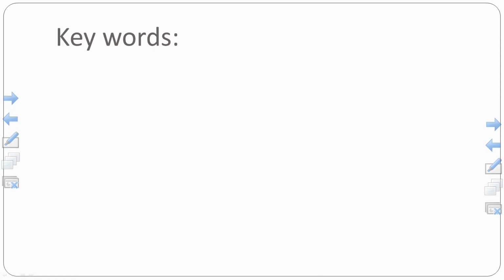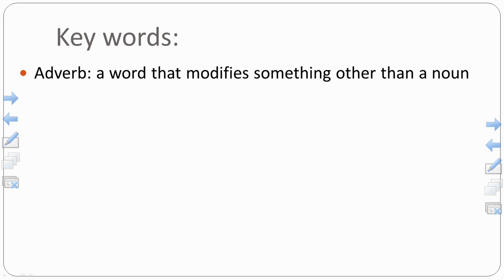Now, before we move on, let's look at some important keywords in this unit. The very first is adverb. So when we say adverb, as we know, an adverb is a word that modifies something. Modifies means change. That modifies something other than a noun.